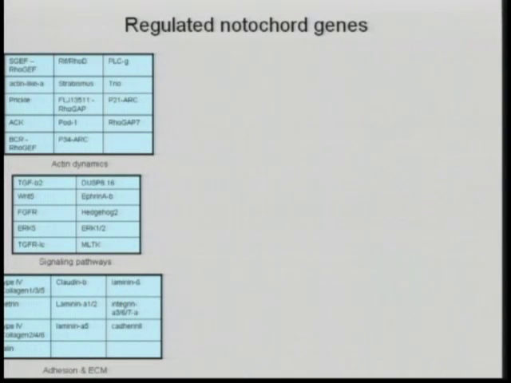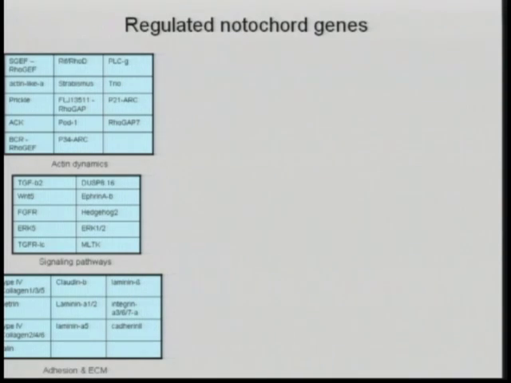But I'm most interested in the cell behavior of the convergent extension process. So these are the genes belonging to the cell behavior pathway, like actin dynamics, cell adhesion, and signaling molecules.